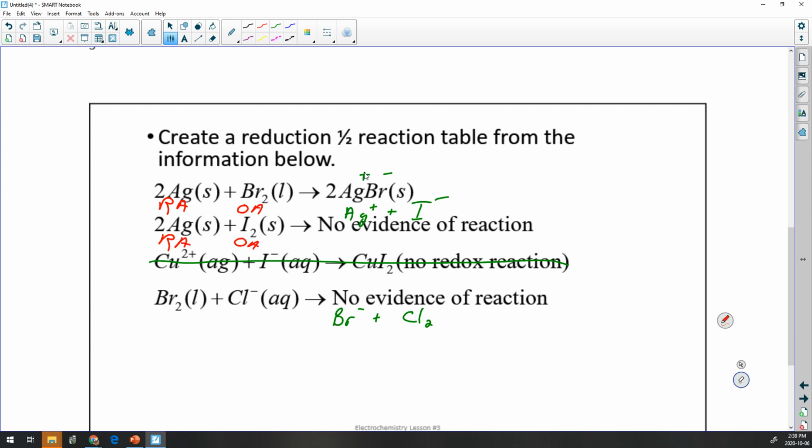The iodine will be the OA because, again, it's trying to form one I negative. It can't. And down here, the bromine gains electrons to become the bromide ion. So this is your oxidizing agent. And this is your reducing agent because it loses electrons.